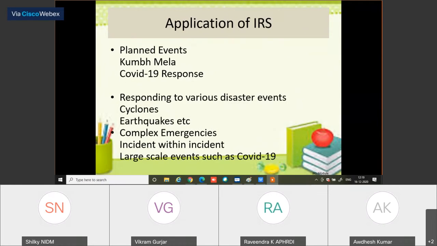We can have the documentation unit, ground support unit, the resource unit, and then the operations section, which can directly go and work and become active. And if we talk about big incidents, then we need an incident commander, a deputy IC, then liaison officers and safety officers. So this chart depicts the entire structure.